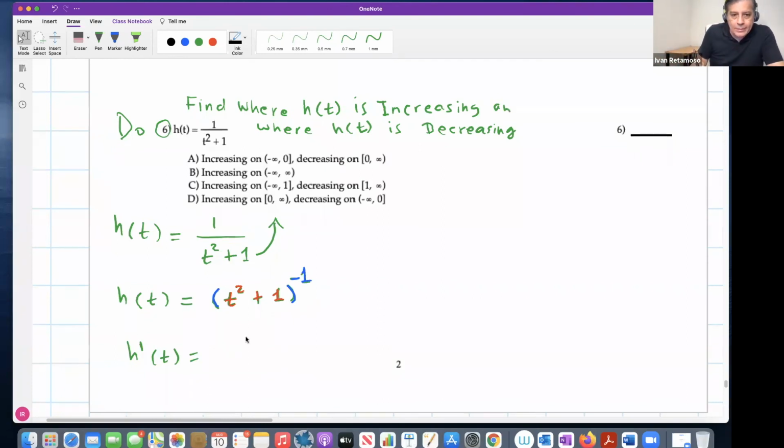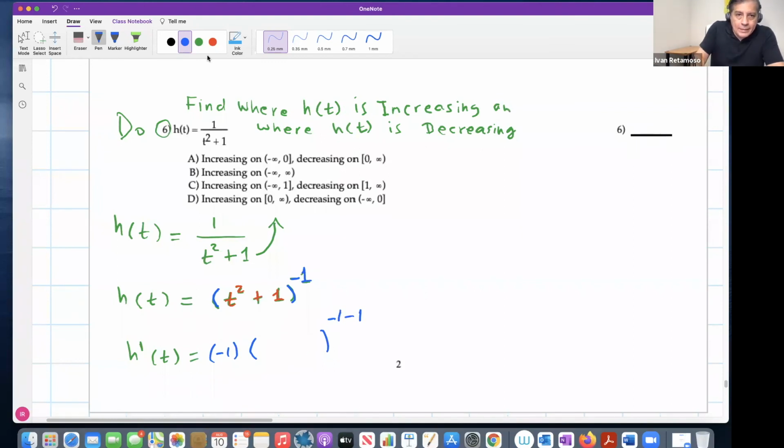It all starts by taking the derivative. When this rational function is written in this form, it is easy to take the derivative using the chain rule, right? Remember, the derivative of the outside function is this exponent coming down, and here minus 1, one less.